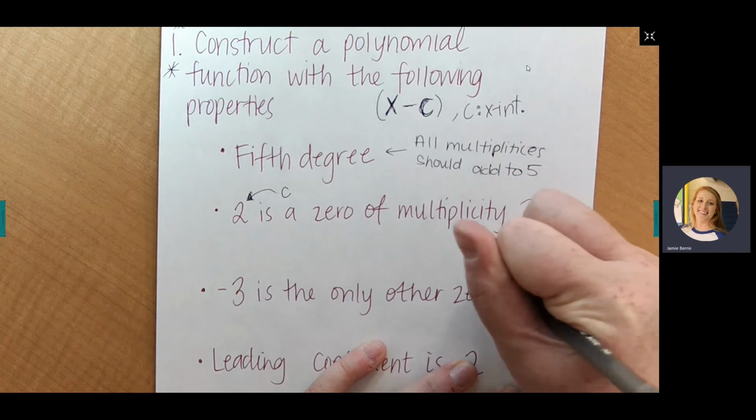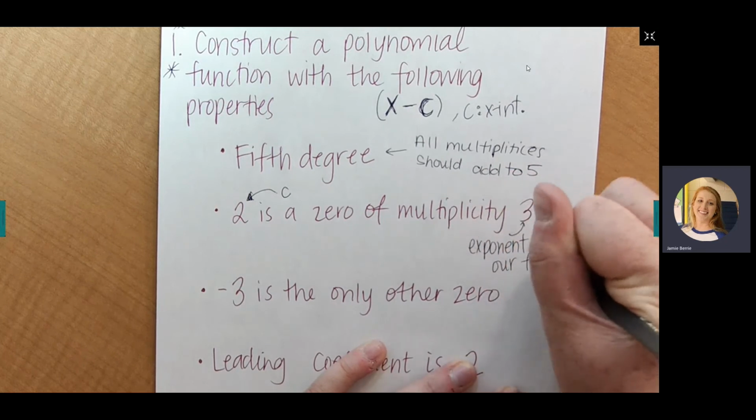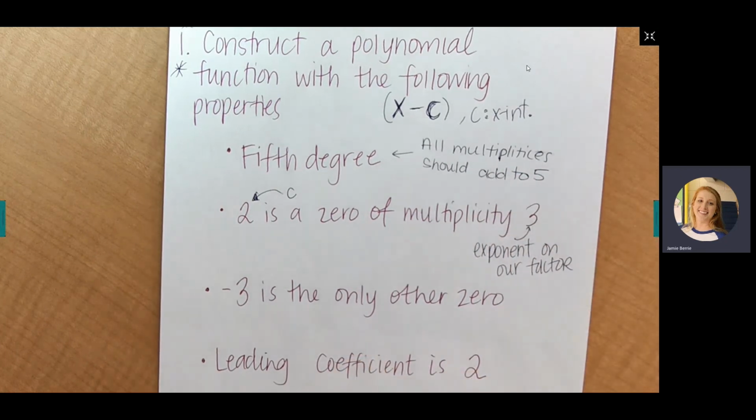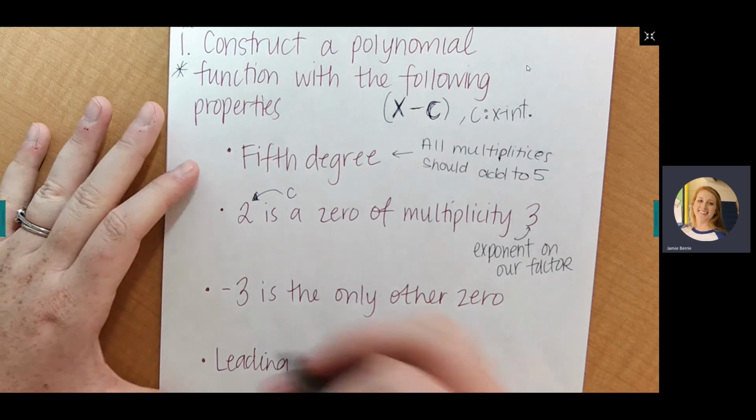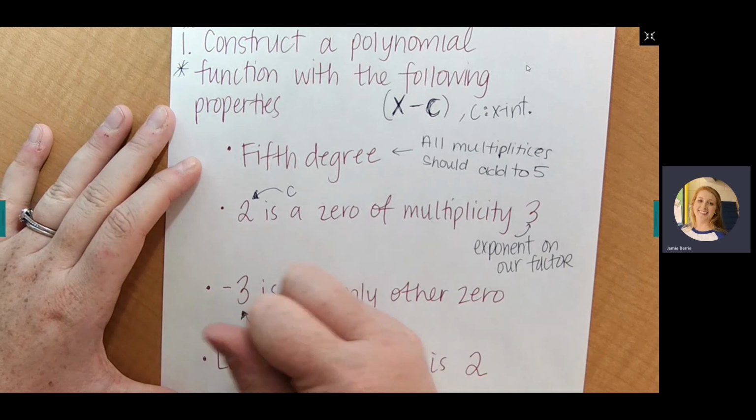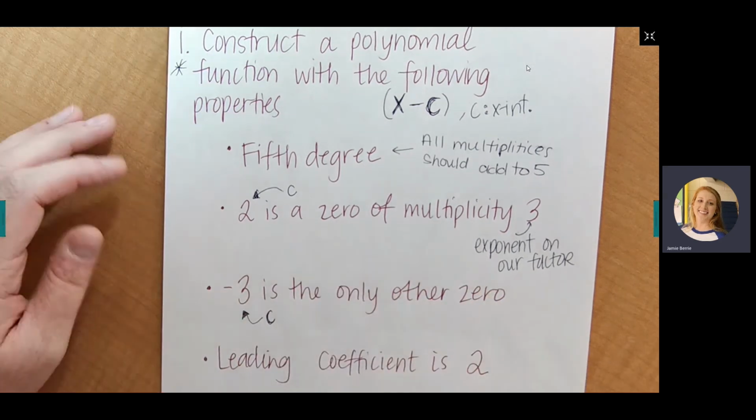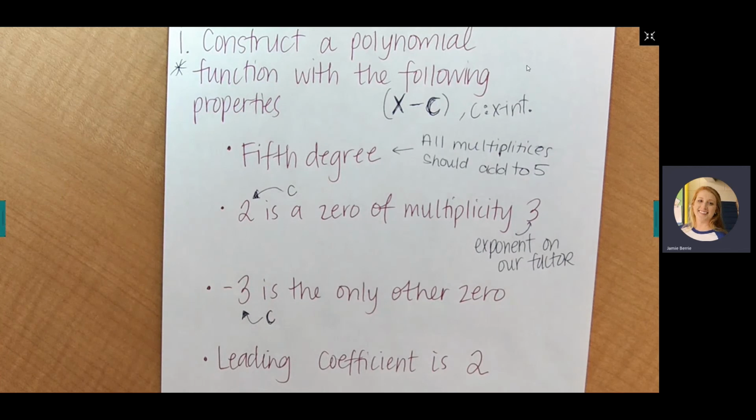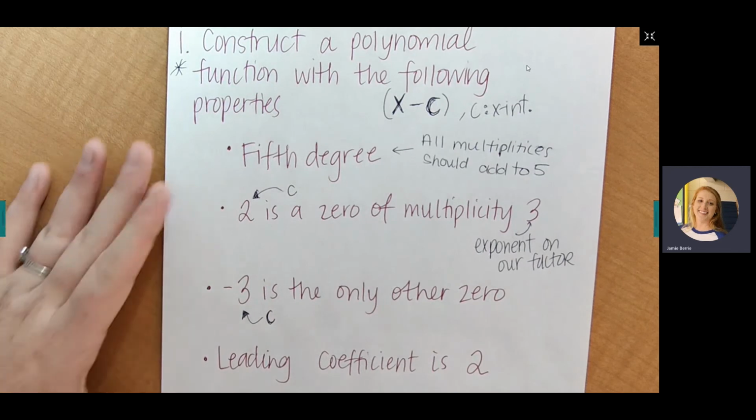That's going to be the exponent on our factor. And then it says negative 3 is the only other 0, so that'll be another value for c, another factor. And then leading coefficient is 2. That means we'll just stick 2 right in the front.